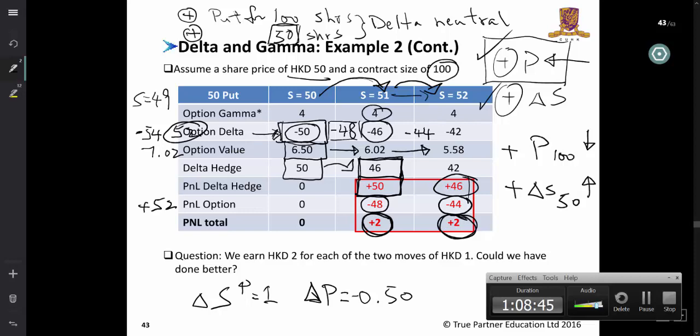Whereas your delta hedge, where you were long 50 stocks and the price has gone down $1, so you lost $50, you're going to end up making $2. It looks like whichever way you go, you make money. Are you with me? Now, isn't this wonderful?